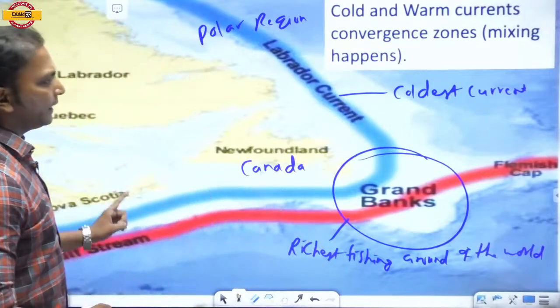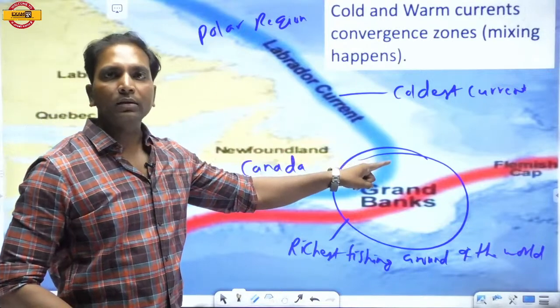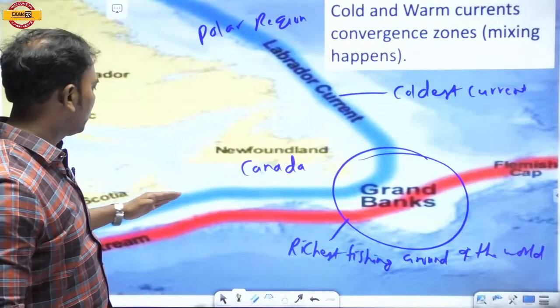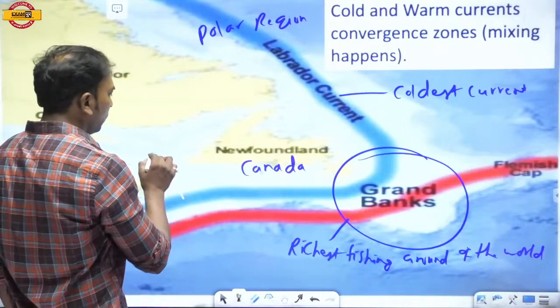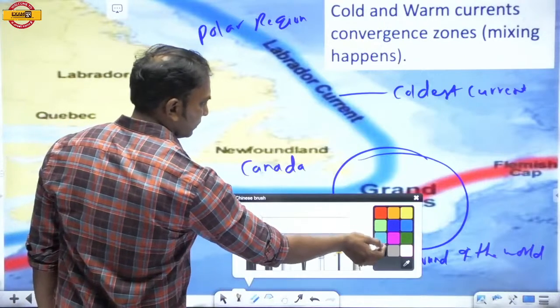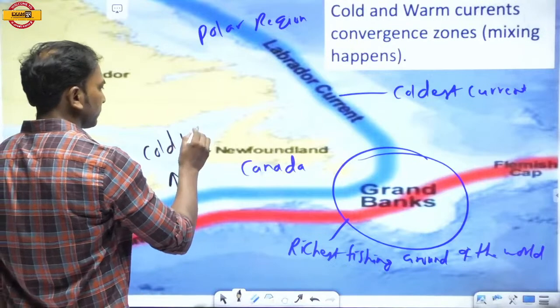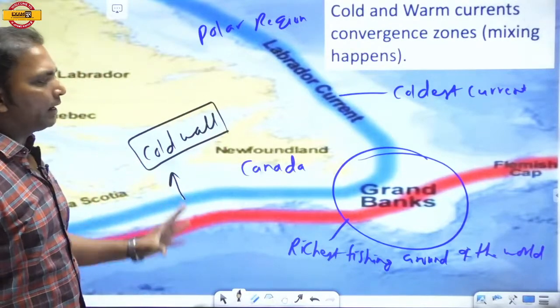There you can see the Labrador current. One part of the Labrador current moves to this place, and this will create a cold wall here.